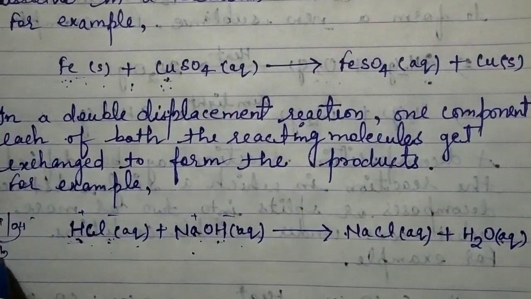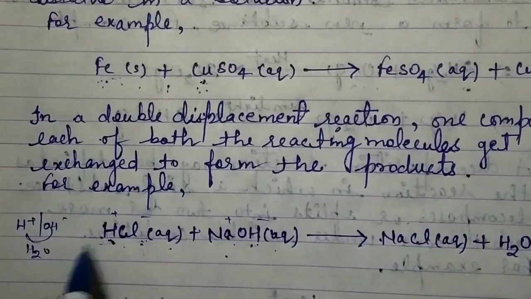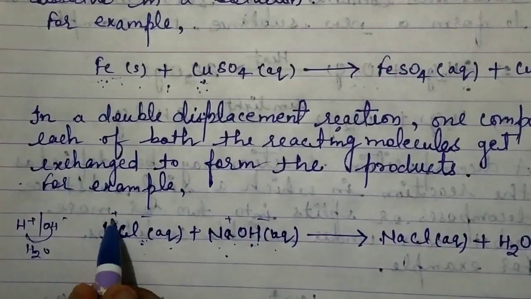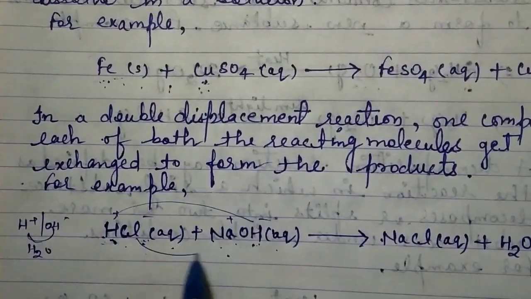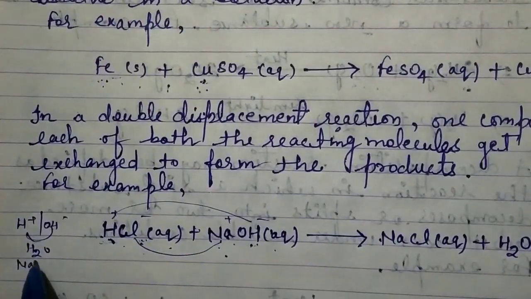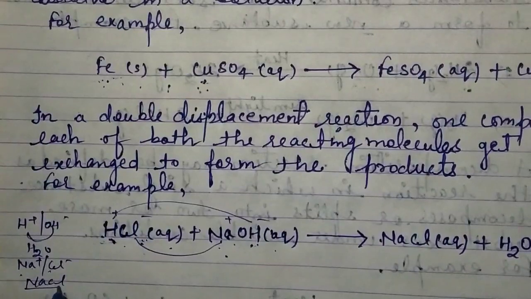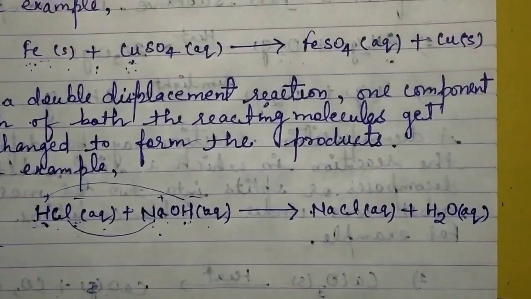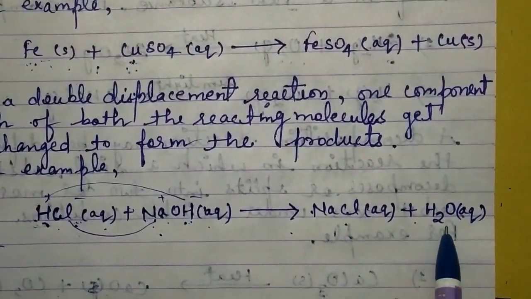After adding form H2O, okay, and here these and these, Na plus and Cl minus, it will form NaCl. So finally we will get NaCl aqueous plus water.